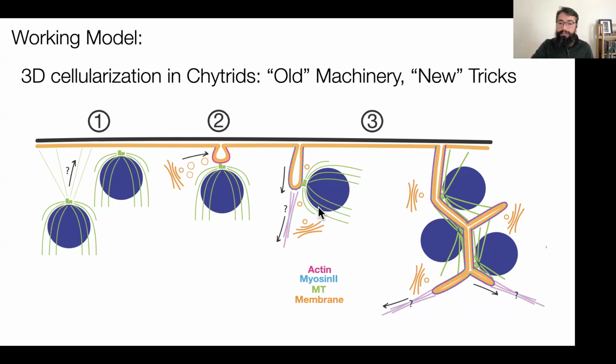What is important is that microtubules do not seem to be important for the early stages of the cellularization, and this is very different from what we know both in animal and yeast model systems, but they are important for the later stages, for establishing the distances between nuclei and the correct shape of the polyhedra.